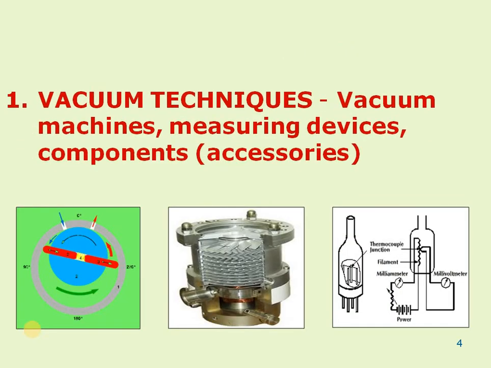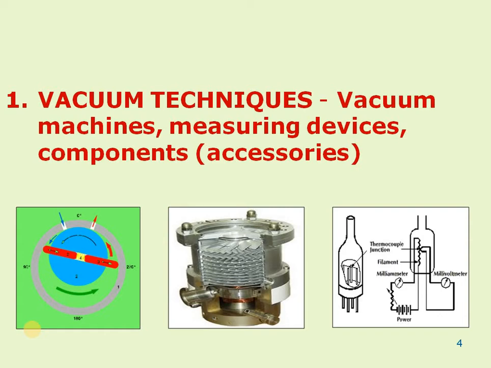Starting with vacuum techniques, as I told you, which essentially deals with vacuum machines, or we can call them vacuum pumps. There are so many varieties of vacuum pumps. Each one works on its own physical principle. Each is of a unique method.